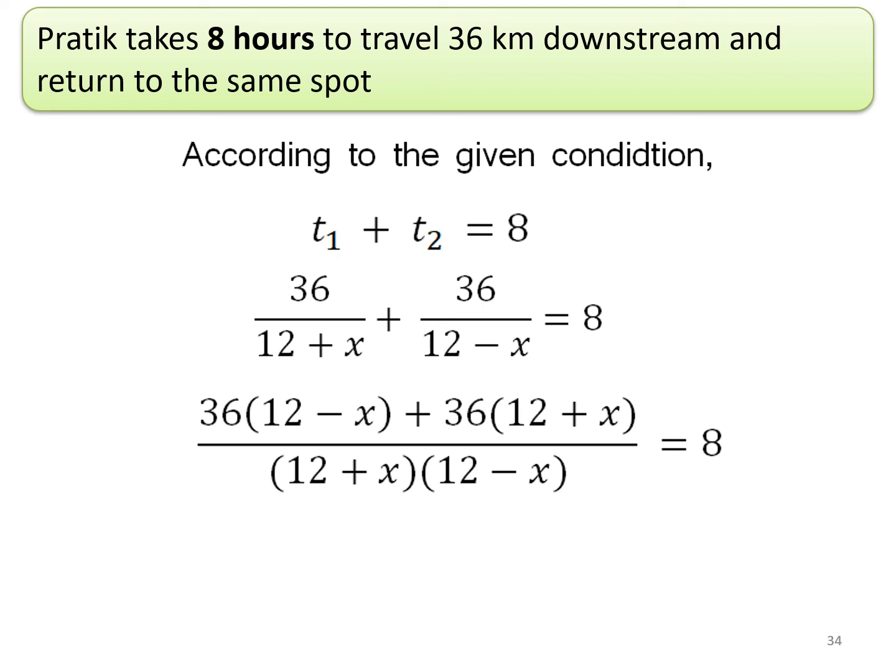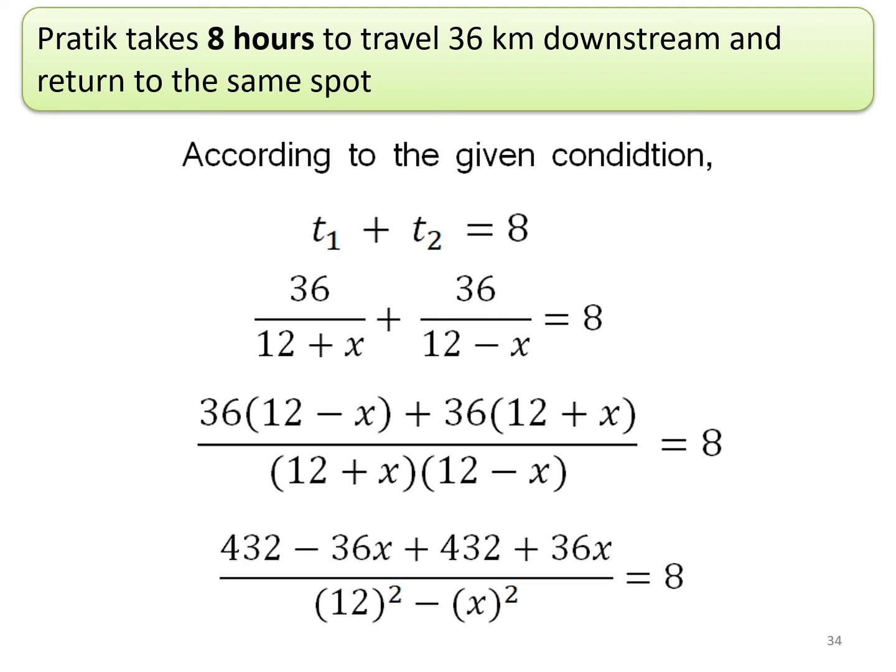Now for the simplification, you can use any method of your choice. I'm just opening up the brackets. 36 into 12 is 432. 36 into minus x is minus 36x. 36 into 12 is again 432. 36 into plus x is plus 36x. 12 plus x times 12 minus x is a plus b times a minus b, so I get a square minus b square, which is 12 square minus x square.